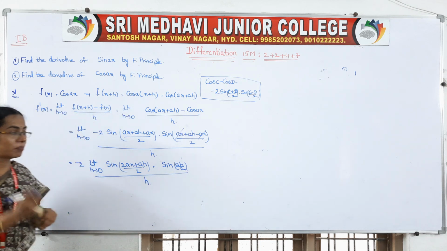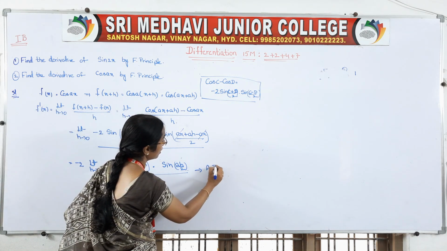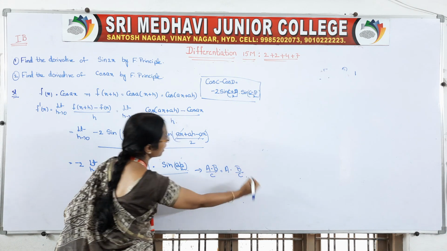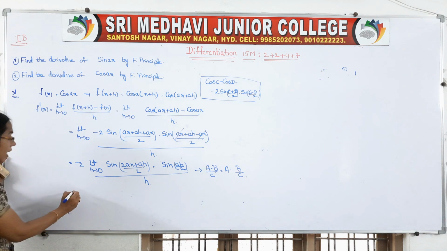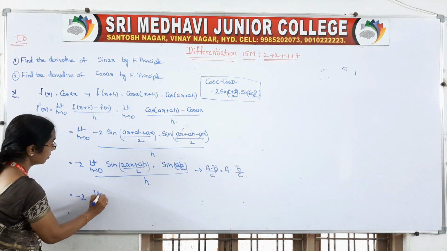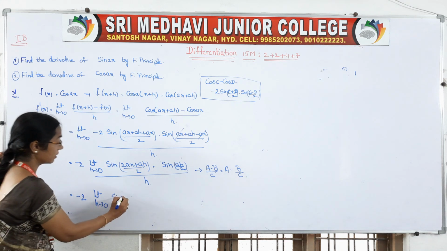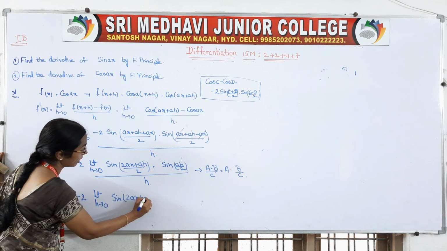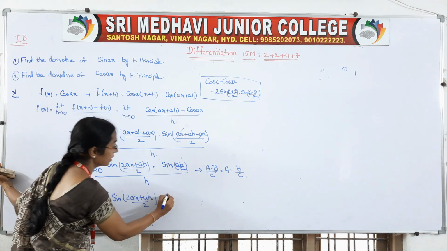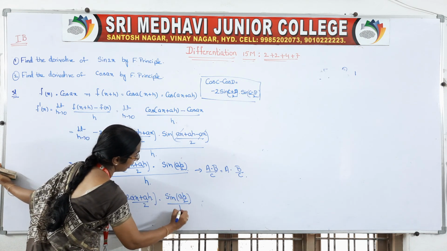Again, same thing as in the previous problem: suppose we are having a into b by c, we can write it as a into only b by c form. Here I am writing minus 2 into limit h tends to 0 sine of (2ax plus ah) by 2 into sine of ah by 2 by h.